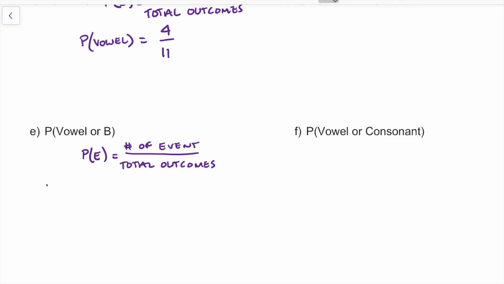My probability is the vowel or a B. So it could be either one of those things. All right? Or equals either one. Can happen if it's and, both.